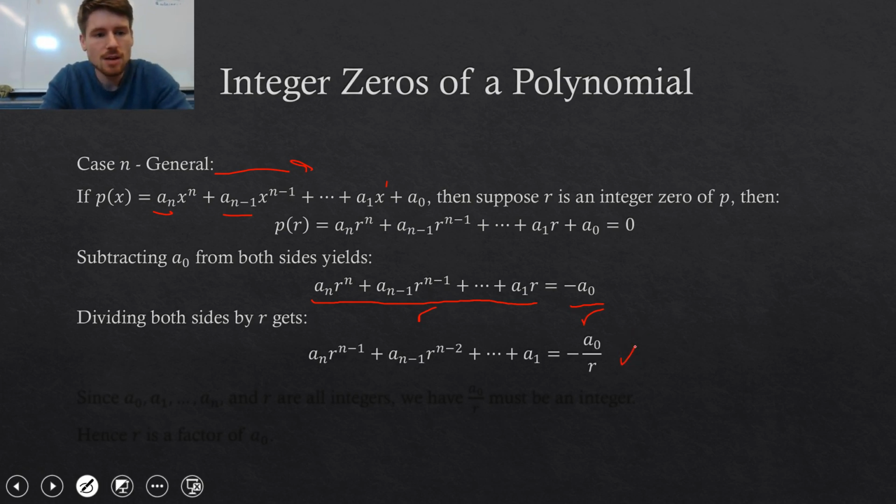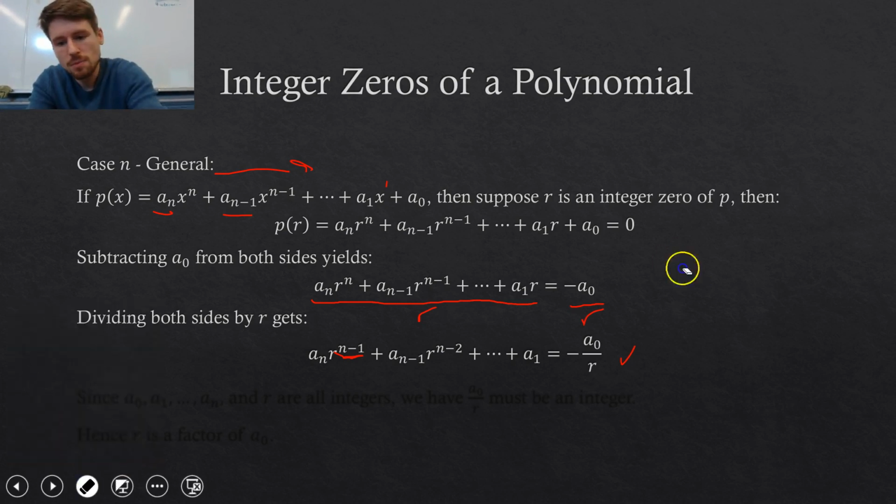The left-hand side, what does that do? Well, each term is being divided by r. And when we divide the first one by r, that just subtracts 1 power away. So now we have an r to the n minus 1. Let's actually put numbers in here. Suppose it was 3r to the 5th.